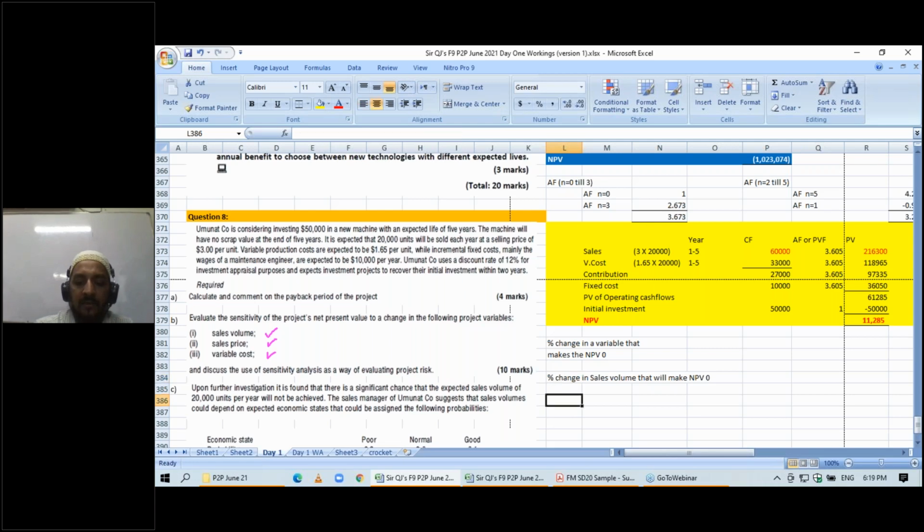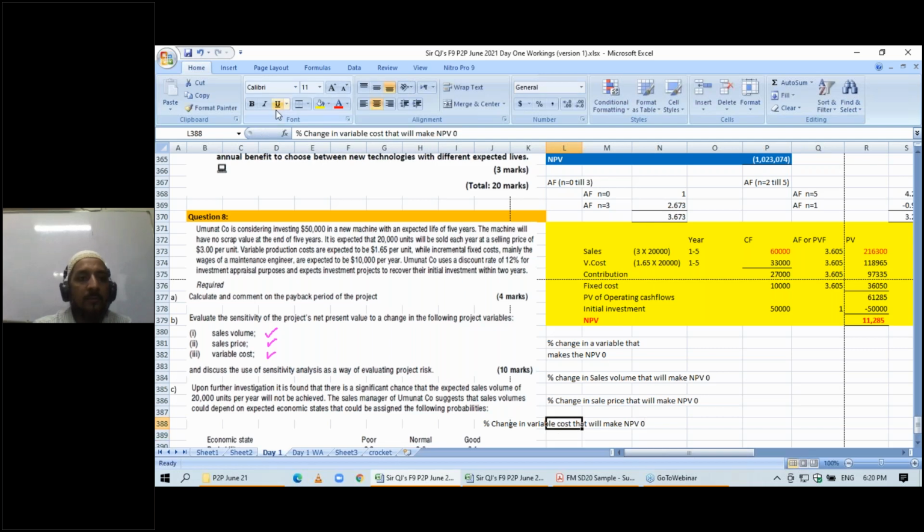Then the percentage change in sale price that will make NPV zero. Then the third requirement is the percentage change in variable cost that will make NPV zero. These are the three requirements.